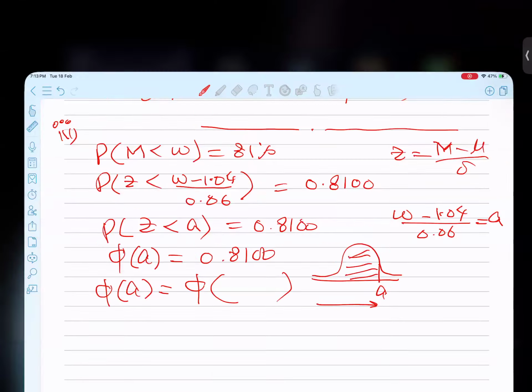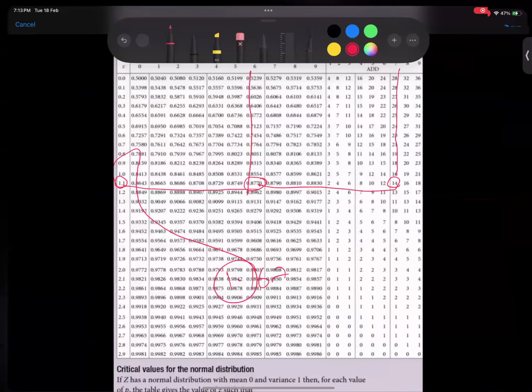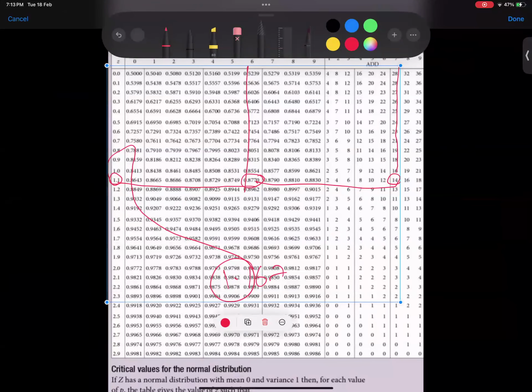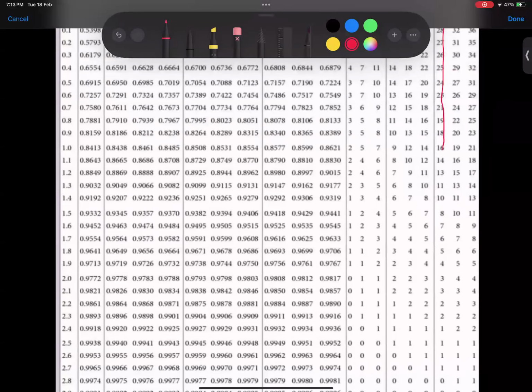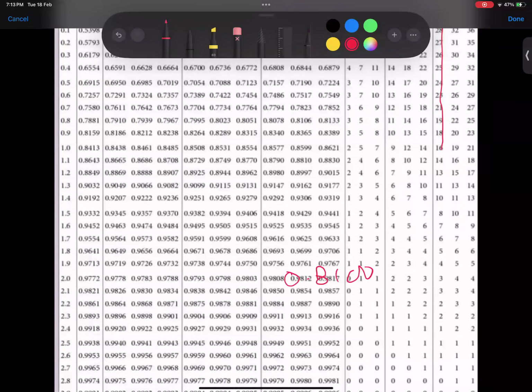Let's see how we can check it from here. So have a look now. 0.81, 0.8100. If you look carefully here, 0.8 is, I think, coming here. Most probably, because this is close to 8100.